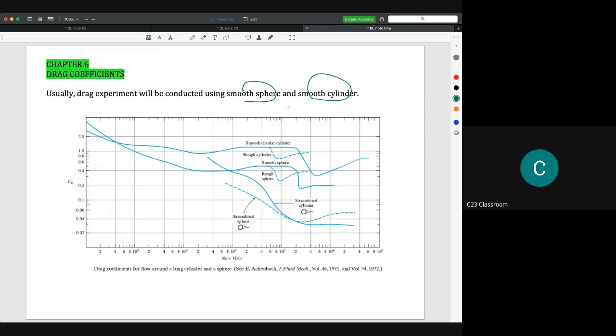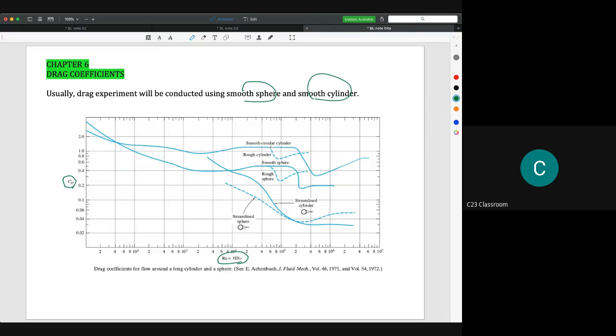From this graph, you will find that the y-axis is the value of CD and the x-axis is the Reynolds number. The Reynolds number here reflects the velocity of the flow. And this CD is the drag coefficient that occurs for these two types of objects, the smooth sphere and the smooth cylinder.